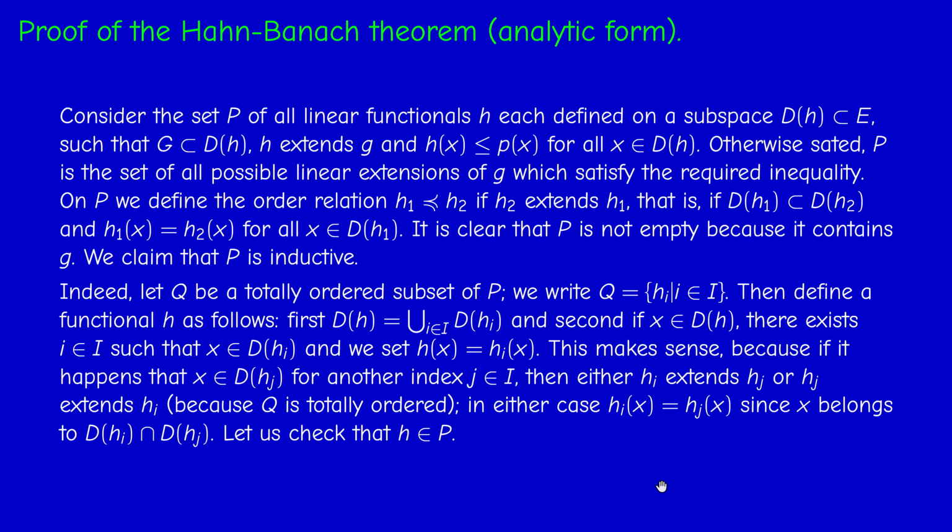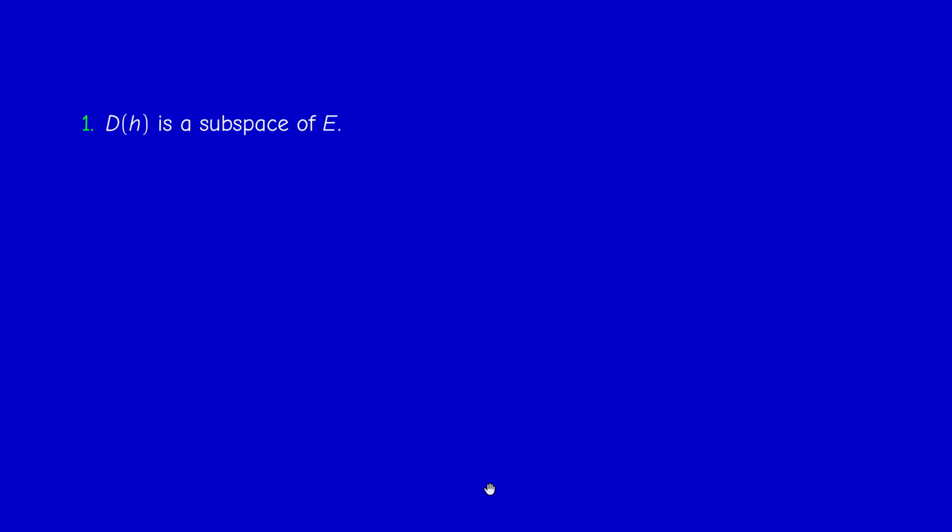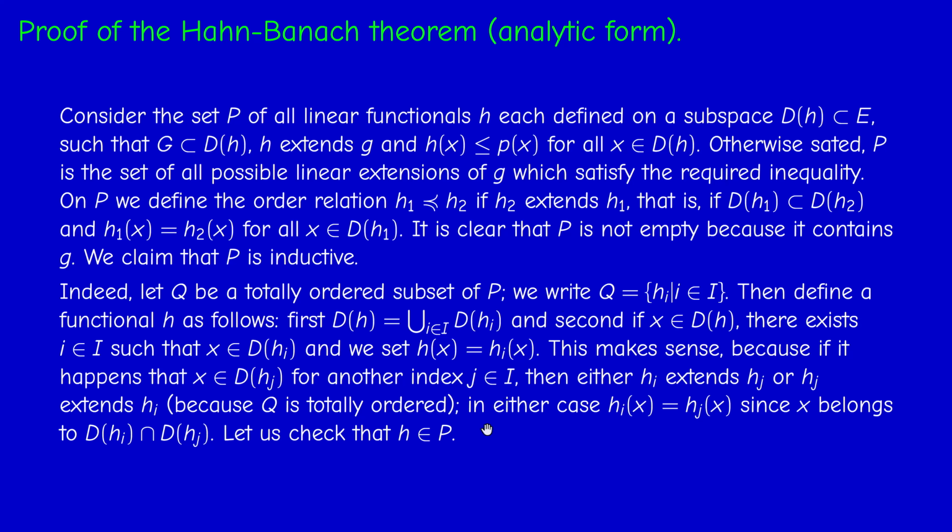Now let us check that h belongs to the set P, and it will be clear from the definition that h is an upper bound of Q. First of all, we have to check the five things that define belonging to P. The domain of h as we defined it should be a subspace of E. It's not totally clear why, because D(h) is the union of domains of subspaces.